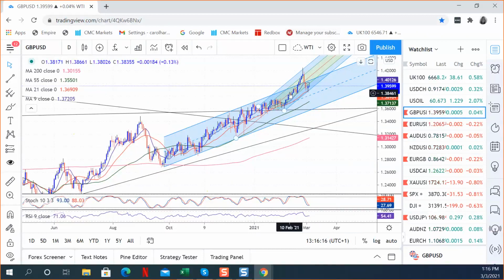And can you marry it up with other resistance? Yeah, which acts as support. Of course you can. Over here, you could see that the high was 138.61. Where was the low? 138.59. There's always a reason why markets do this.